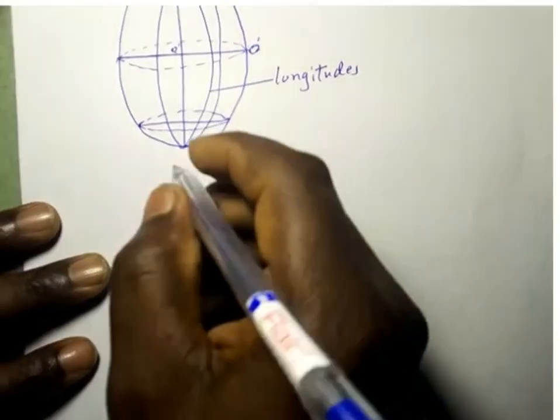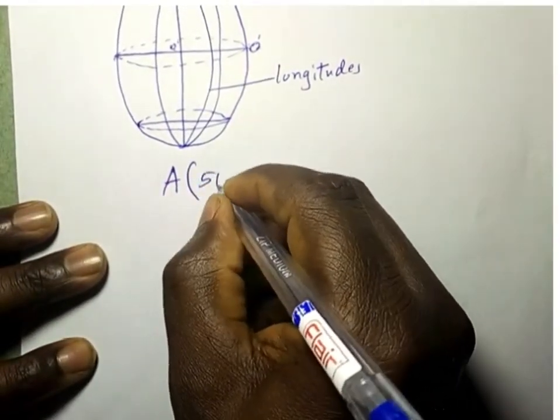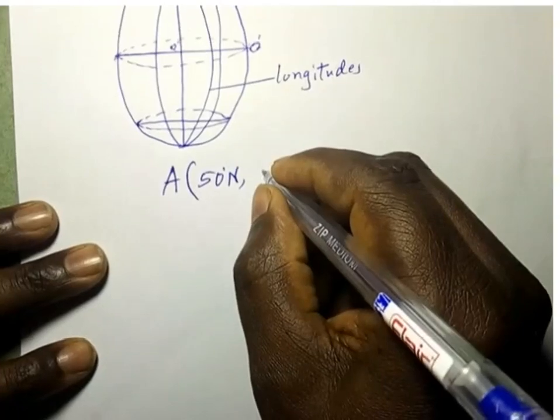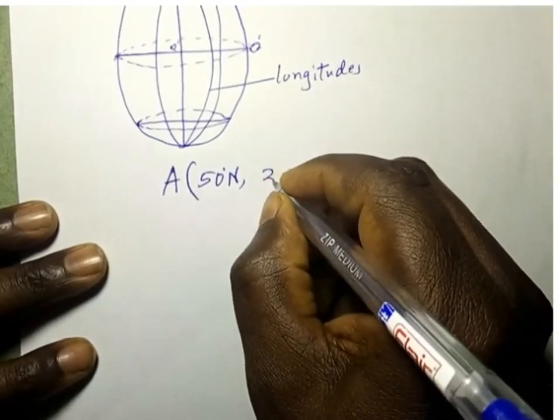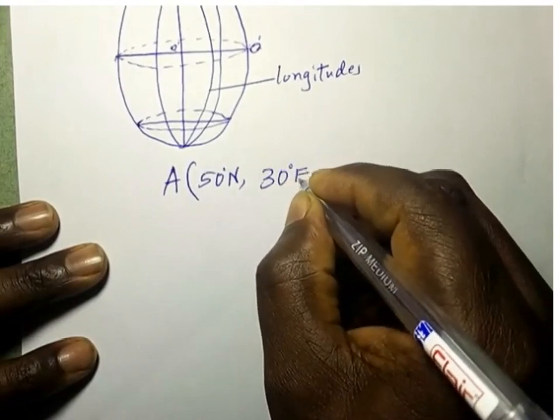So, for example, point A is on 50 degrees north, 30 degrees east.